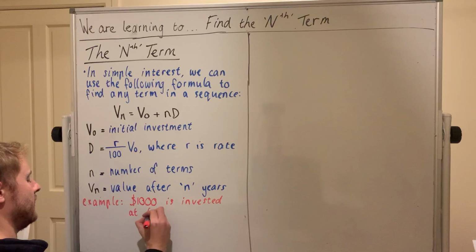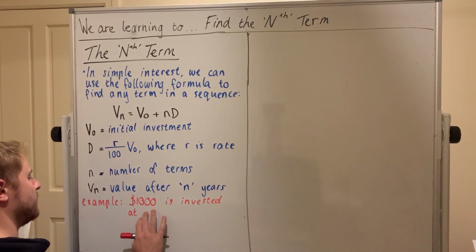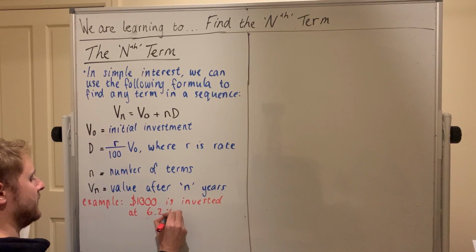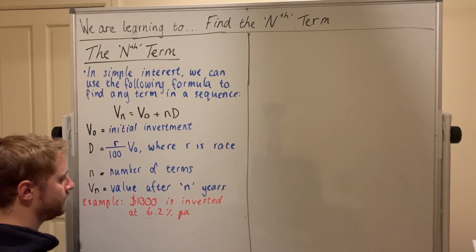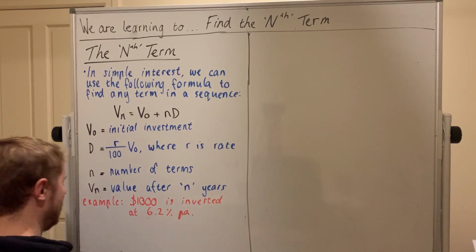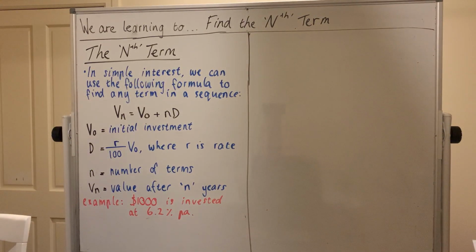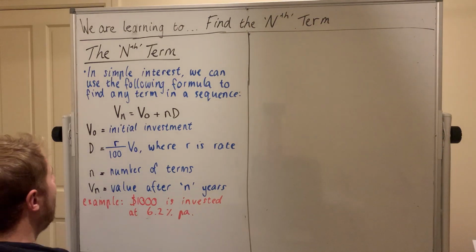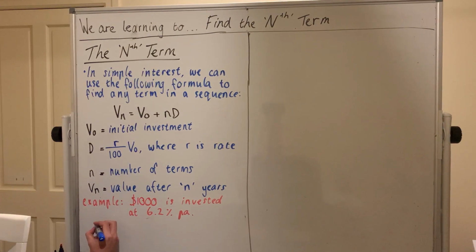Let's say the investment is $1,000 at 6.2% per annum. Right, so let's write this out. Initial, pretty easy to see, is 1,000.